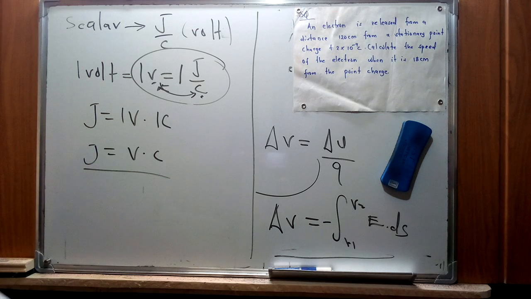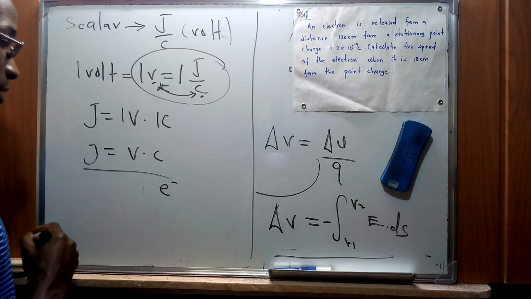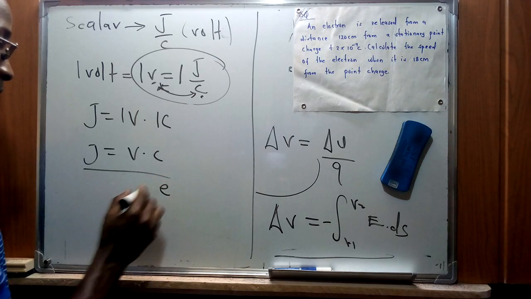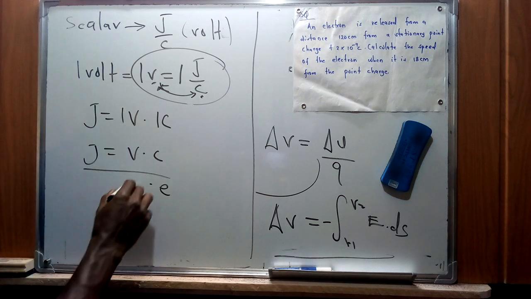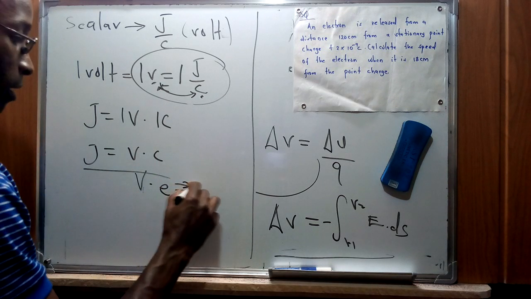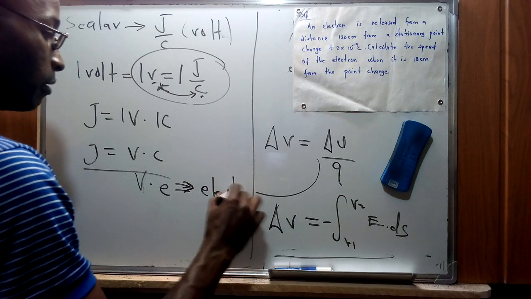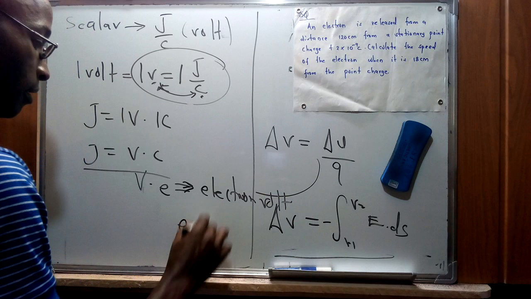So basically, multiplying our charge times a potential difference gives the energy. For our case here, this is an electron, therefore it's going to have a charge e, and this is going to be multiplied by the potential volt. So this is going to give us the concept of electron volt, which is denoted as eV.